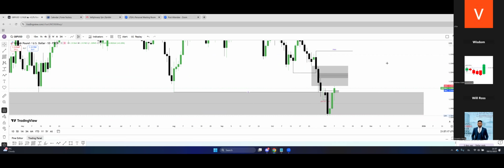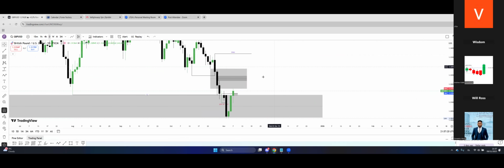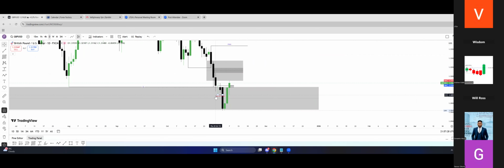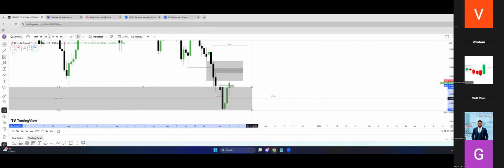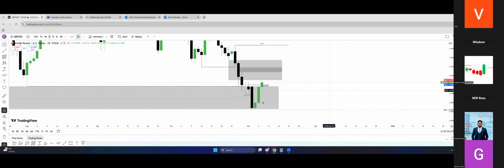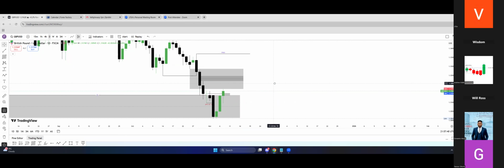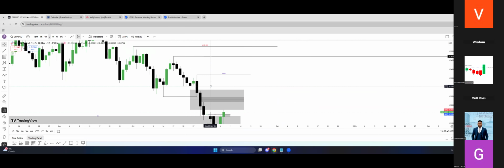So we were literally looking for a change in state of delivery. Price moved down to that low. We didn't see that. Price moved. We started accumulating here. Then what happened? Price now takes more liquidity here, still in that higher time frame inefficiency. After that, price turned around and gave us a change in state of delivery, which tells us that price wants to keep going higher now. Again, to where? Here first, probably here.